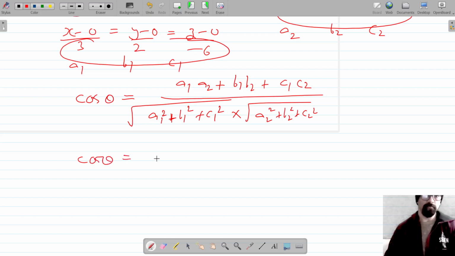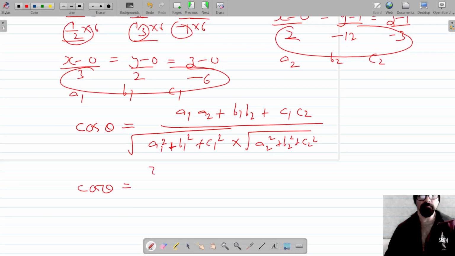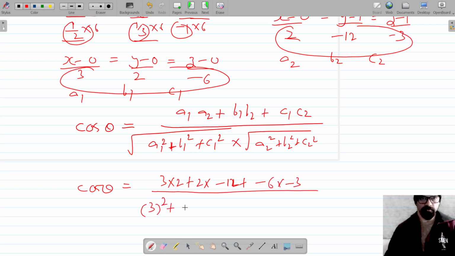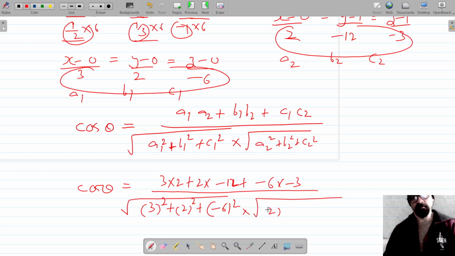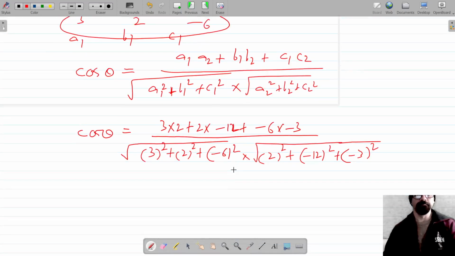So if I put in the values, a1 is 3, so this is 3 into 2 plus 2 into negative 12 plus negative 6 into negative 3, upon under root of 3 square plus 2 square plus negative 6 square, into under root of 2 square plus negative 12 square plus negative 3 square.